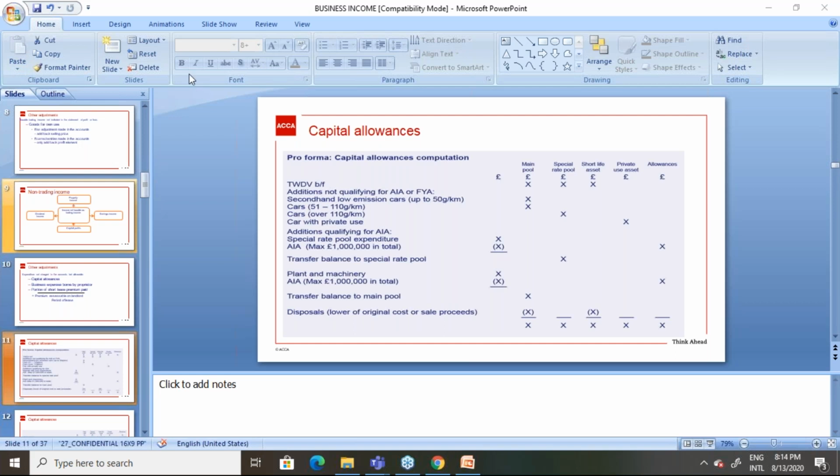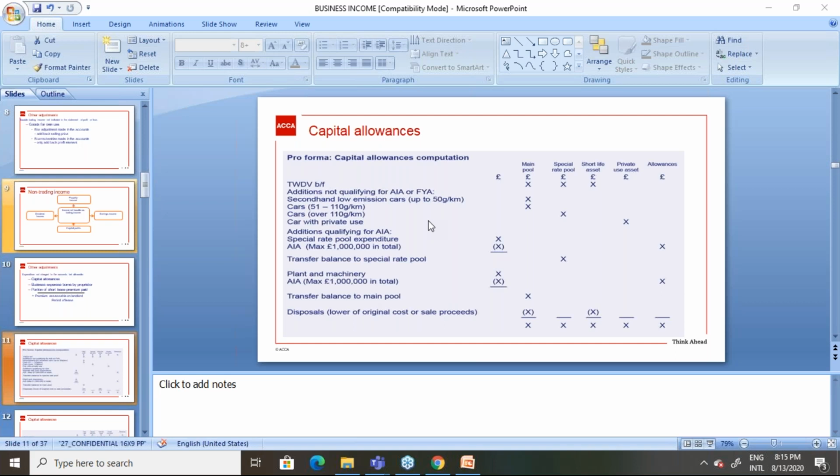There is something called annual investment allowance. During a tax year, if you have purchased plant and machinery, you can claim annual investment allowance up to 1 million. So it's a big amount.